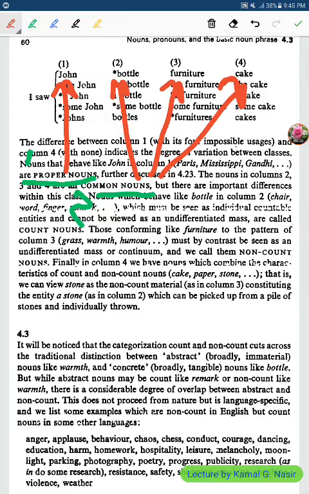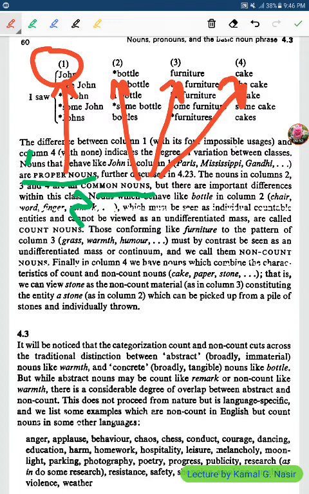Also, some buildings, some hospitals, which are called by names of people, also have proper nouns. Proper nouns are only names of human beings or names of well-known people. Famous places, for example.